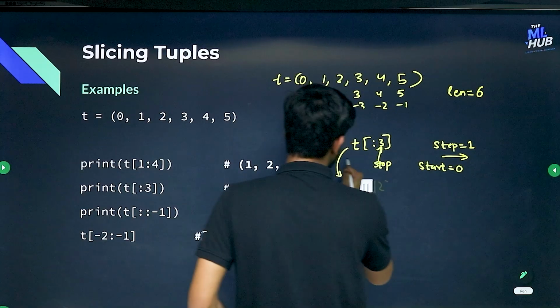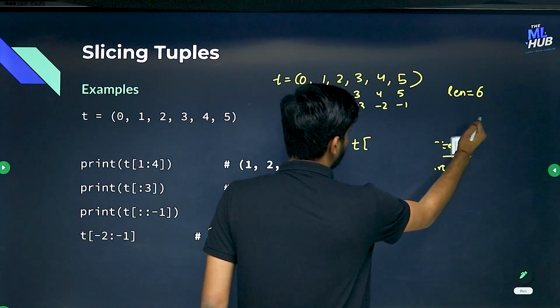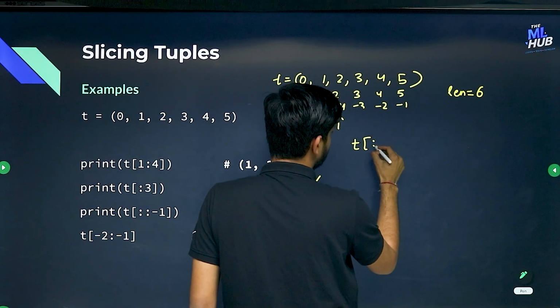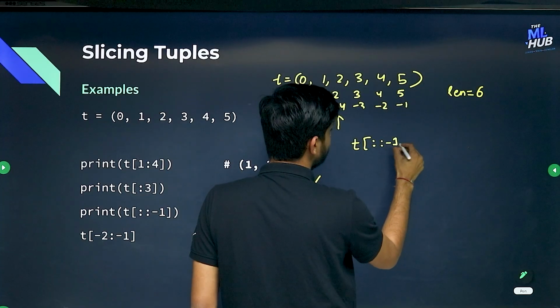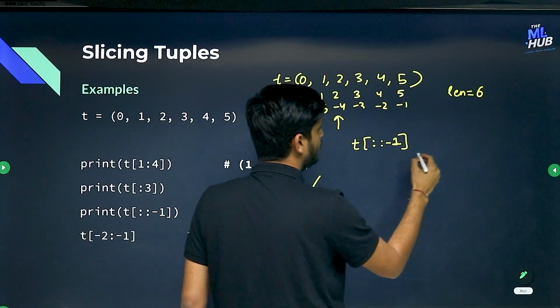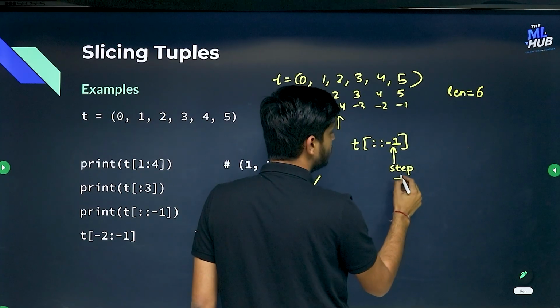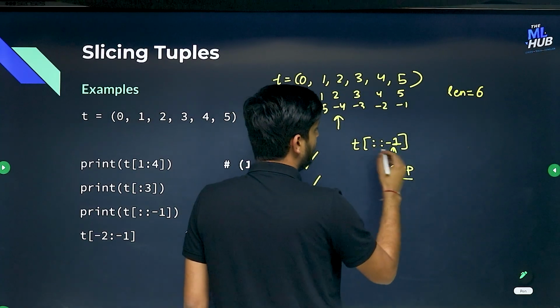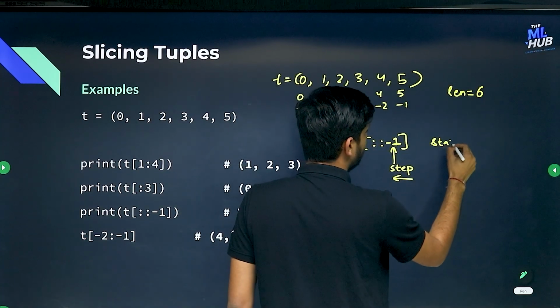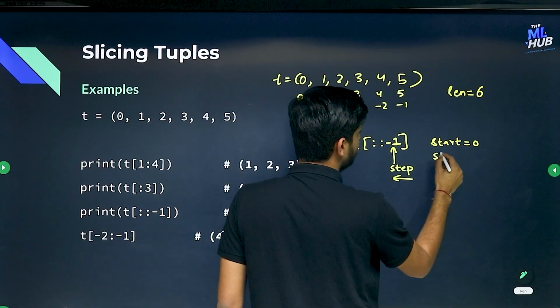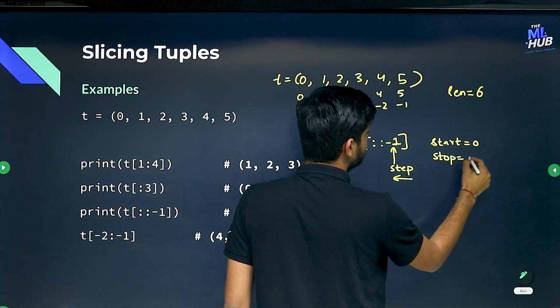So let us see how it works. If you have ::-1, here we are using 2 colons, which means we are giving start, stop and step, all 3 of them. Step size is given as -1 and step is negative, which means we will do right to left traversal. Start is not given, so the start default value is 0. Stop is not given, so the default value of stop is the length of the sequence, which is 6.